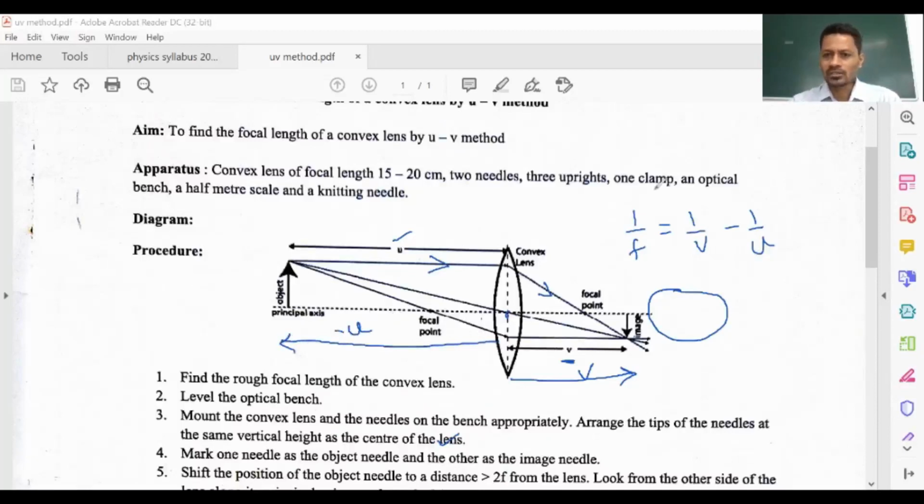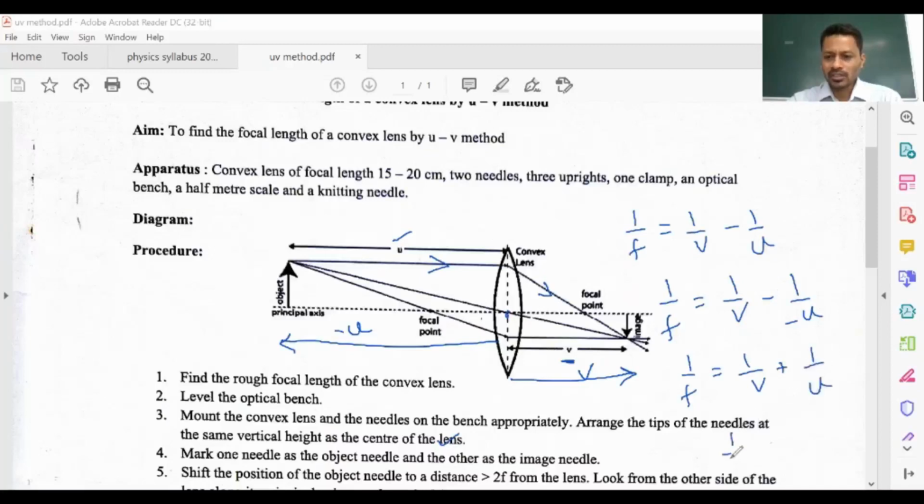When we substitute this in the lens maker's formula, how do we get this equation? How does this get transformed? It's 1 by f equals 1 by v minus of minus u. Therefore, 1 by f equals 1 by v plus 1 by u.